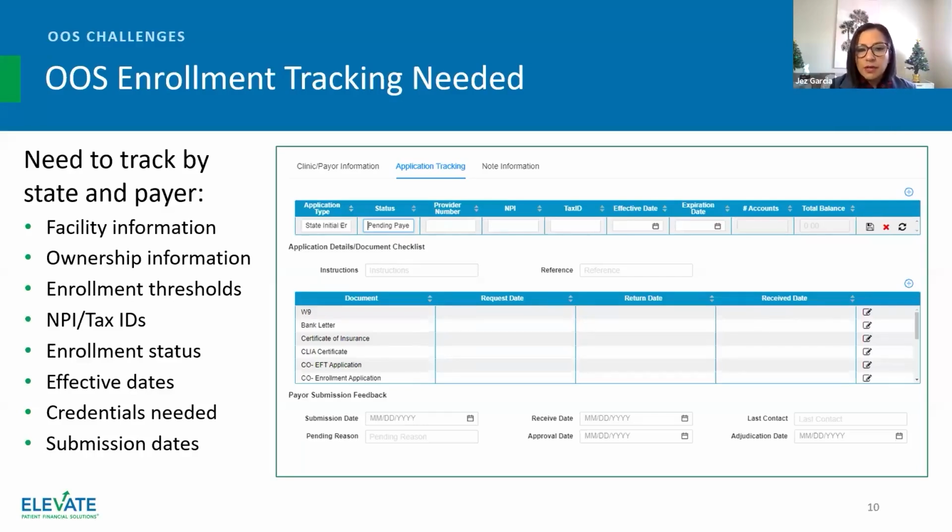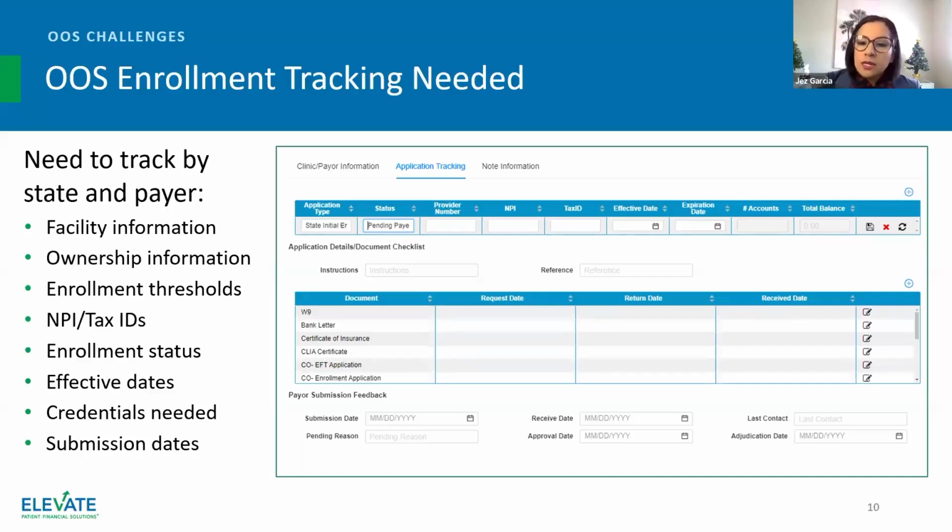If that state requires the facility and the physicians to be enrolled, that means all of the physicians listed on that claim. If you have 5 or 6 different physicians listed on the claim, especially for high dollar accounts, all of them do need to be enrolled. It's not just one physician, it's everyone listed on that claim.